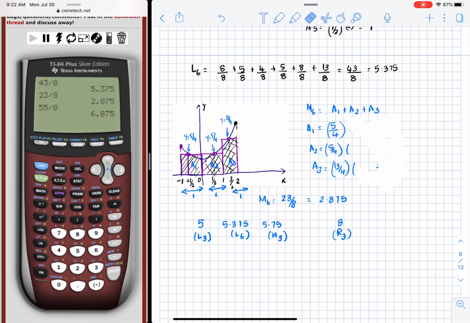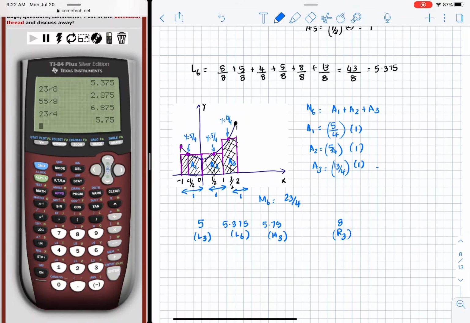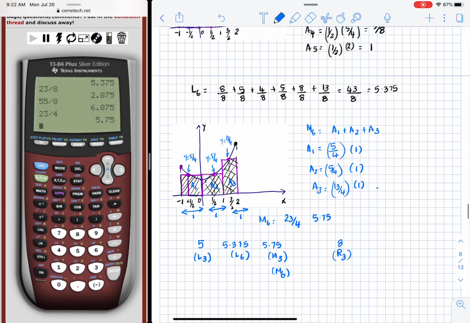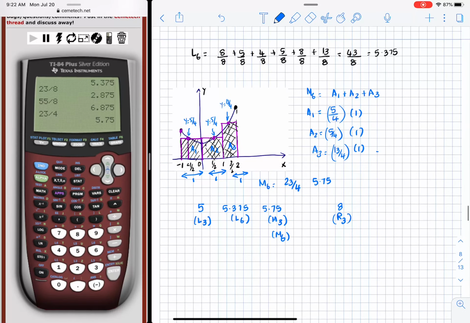So sometimes you just have to think about items twice and you can catch mistakes. So that gives me 23/4. It's 5.75. So M6 happens to be the same value, and R6 is 6.875.